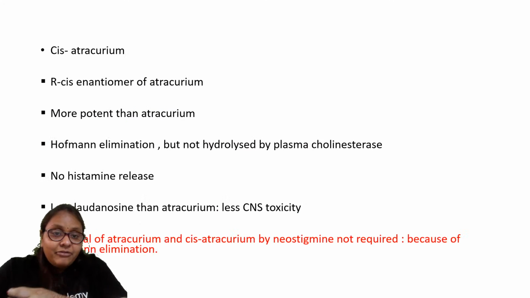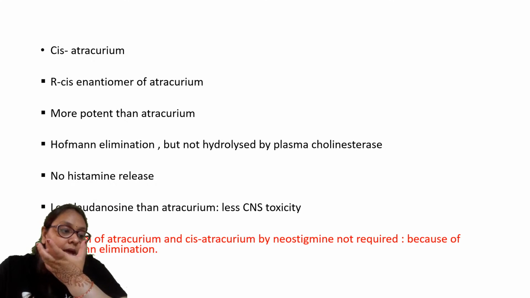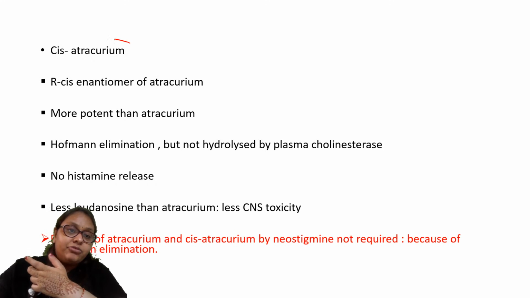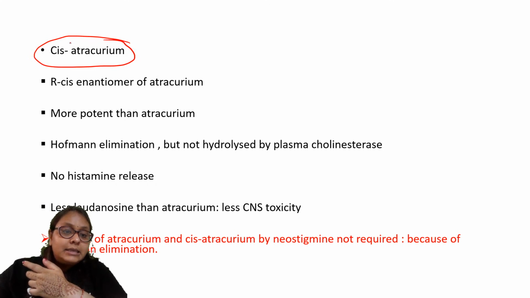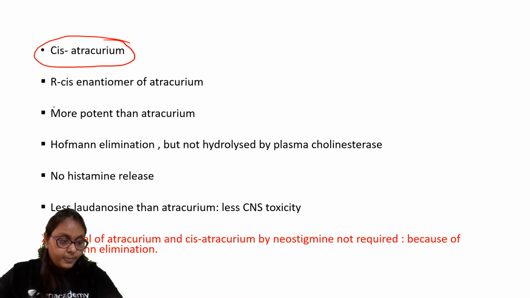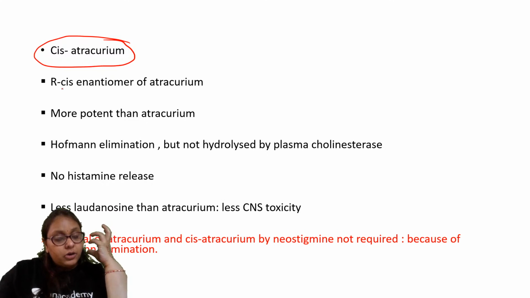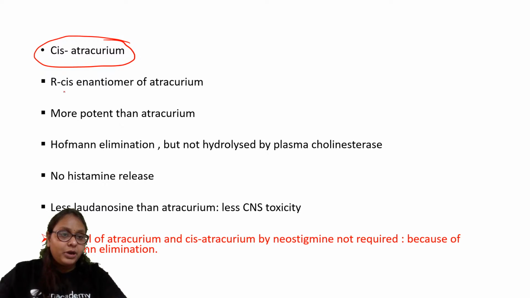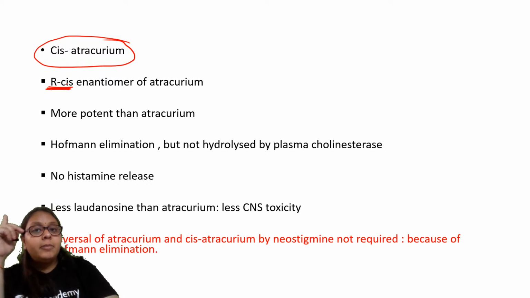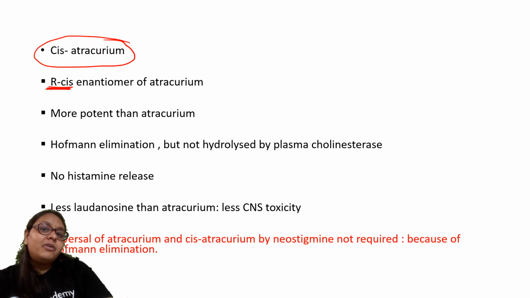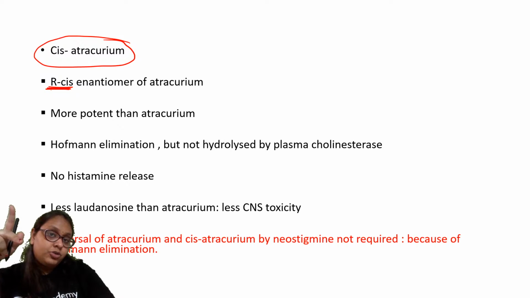So to remove all these features, what did we introduce? Cisatracurium. So cisatracurium will keep the good points of atracurium and eliminate the negative points. It is the R cis enantiomer. Remember levobupivacaine and ropivacaine, what were they? They were S enantiomers.